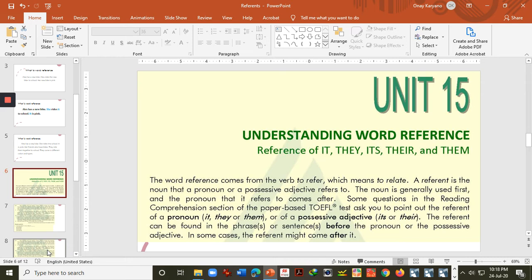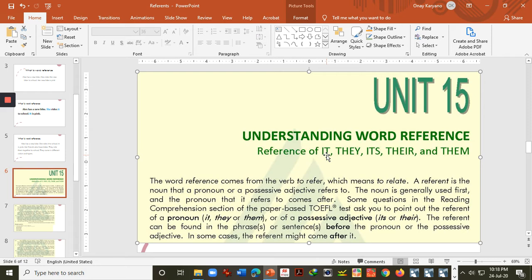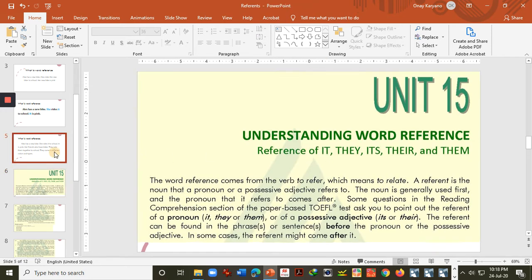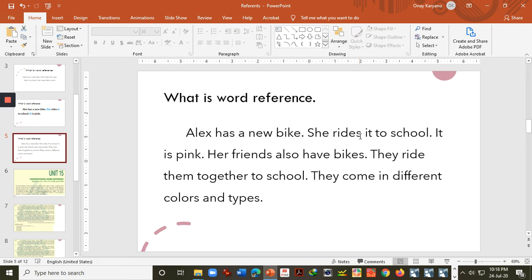So when we talk about this, it's much easier. Why? Because when we talk about it here, it means we refer to something singular, only one, like this one. In the example, we use the word it because it refers to a new bike, only one.